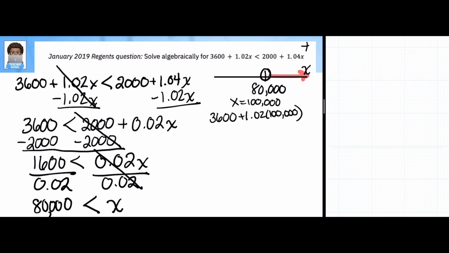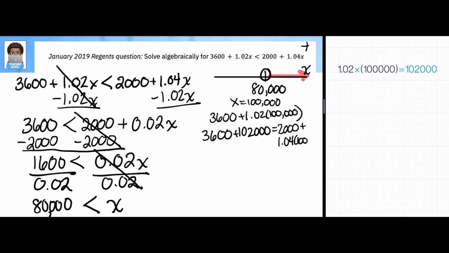So let's do that math. 1.02 times 100,000, and I get 102,000. So 3,600 plus 102,000 is equal to 2,000 plus, and I'm going to do the same thing on the other side, 1.04 times 100K.